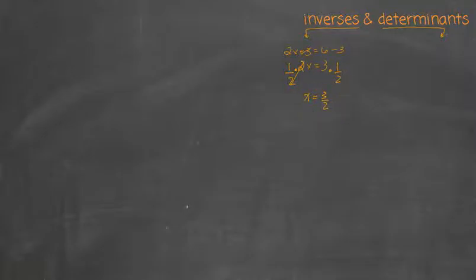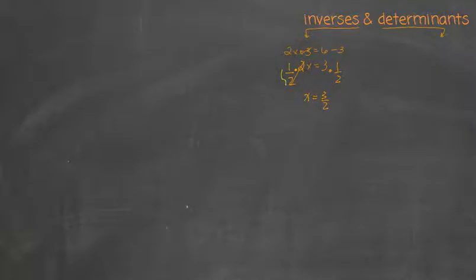So that's just using inverse operations of numbers in order to solve for an equation. We're going to do the same thing with matrices, using inverse matrices to solve for unknown linear systems.